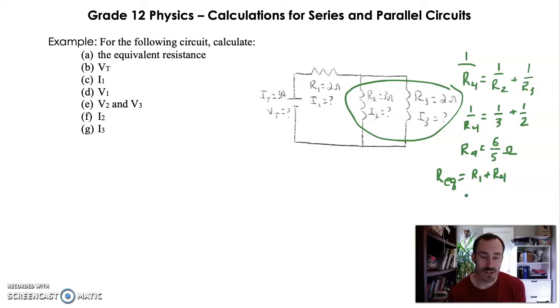They're in series, so we just combine them just like that, and you get 2 ohms plus 6/5, which is 3 1/5. Or if you prefer, 3.2 ohms. And that is what I'm going to use just for the sake of consistency with decimals. Okay, so this is 3.2 ohms. That's the equivalent resistance of this entire circuit.